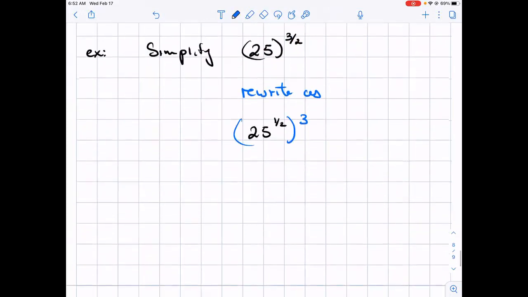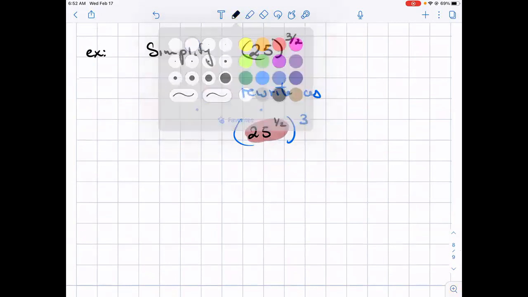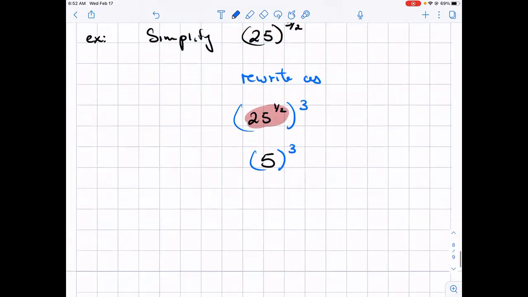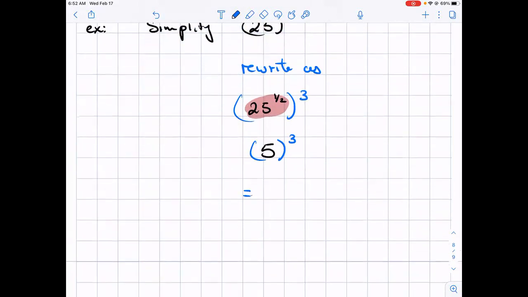I know 1/2 means square root. The square root of 25 is 5, so this becomes 5, and then I cube that. 5 times 5 times 5 is equal to 125.